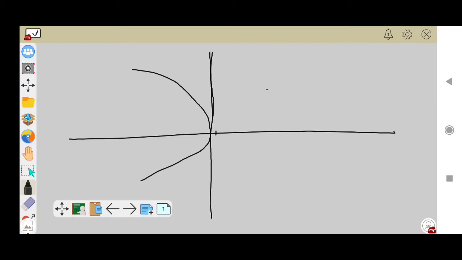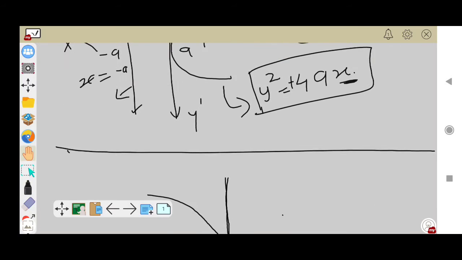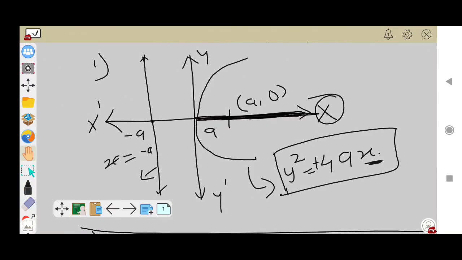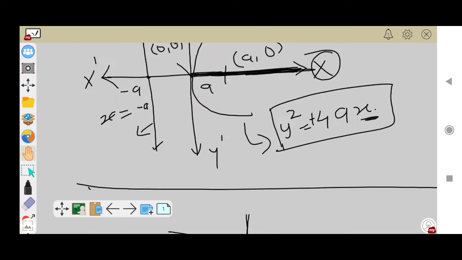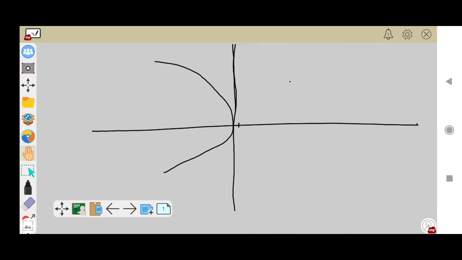Get it understood. So okay, let me ask here, what is the vertex? Vertex will be this 0 comma 0. It is vertex. Yes, this parabola. Now here also vertex is 0 comma 0.